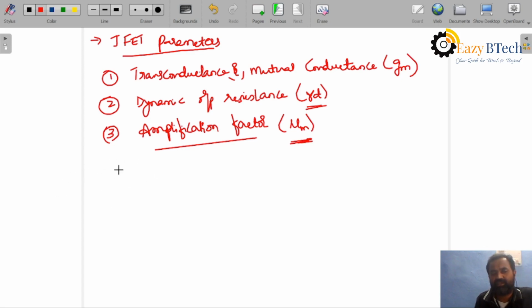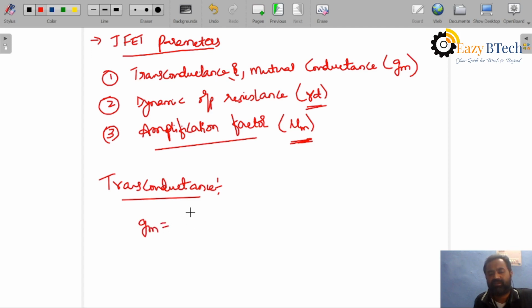Okay, to understand this, transconductance. Transconductance is nothing but GM, which is defined as change in output current by input voltage.